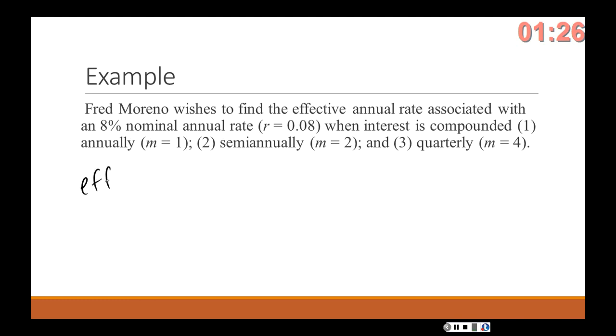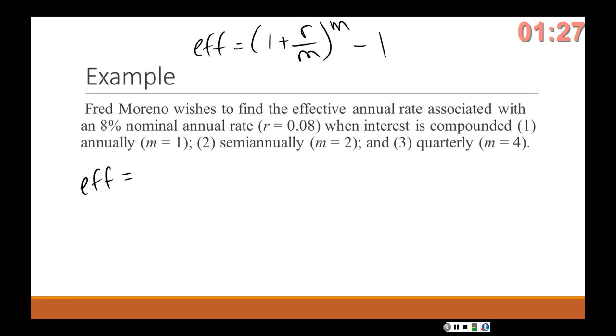So the effective rate, EFF or EAR, is equal to 1 plus the stated rate divided by the number of compounding periods per year, raised to the number of compounding periods per year, minus 1.